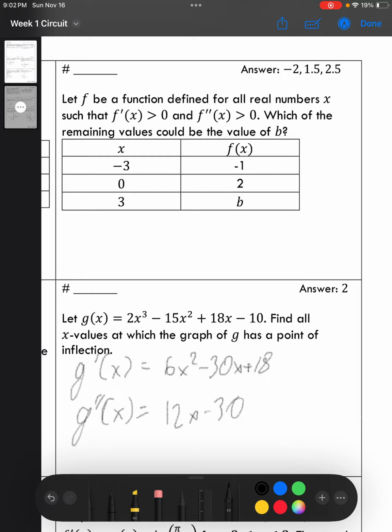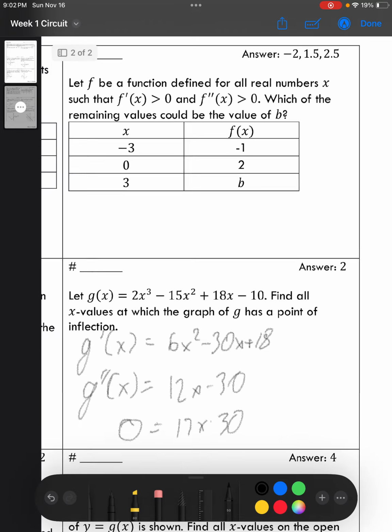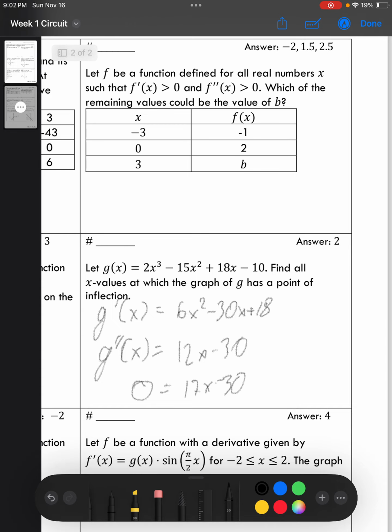The only place where g double prime would equal 0 or be undefined. So let's say 0 equals 12x minus 30. So 12x equals 30. x equals 30 over 12, and this can be simplified to 5 over 2.